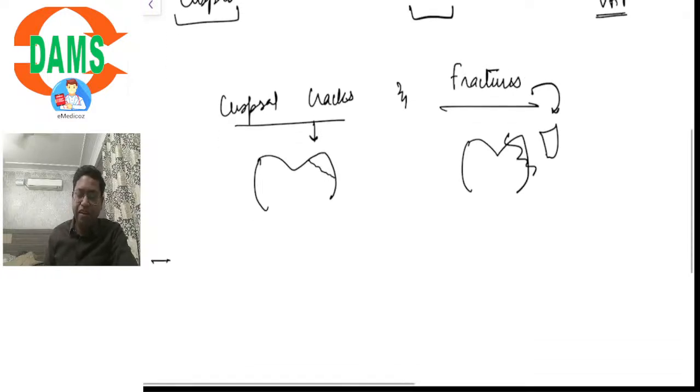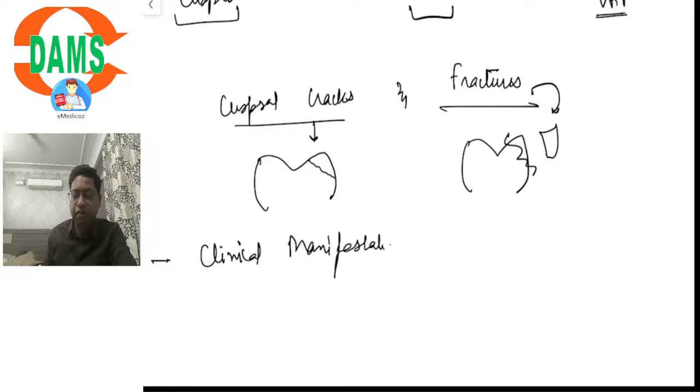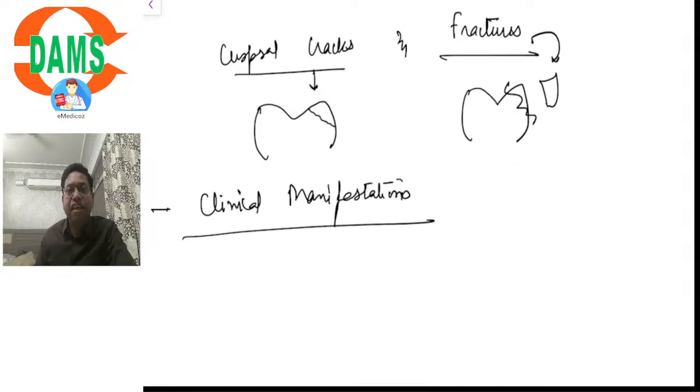What are the clinical manifestations of these situations? When we talk about clinical manifestations, two sets of manifestations are important to understand: early manifestations and late manifestations of these cuspal cracks.